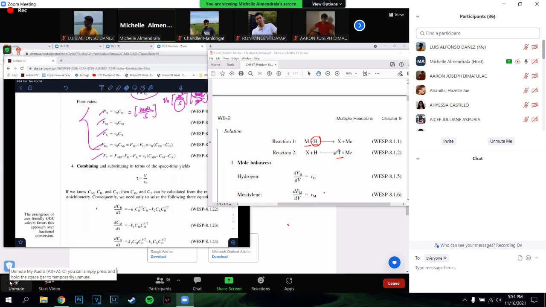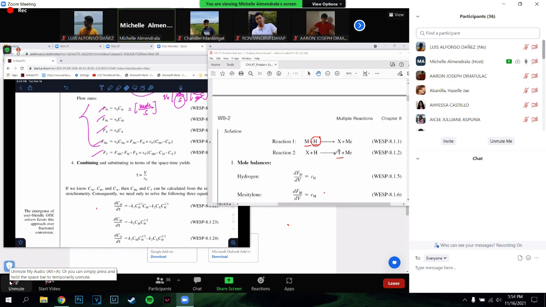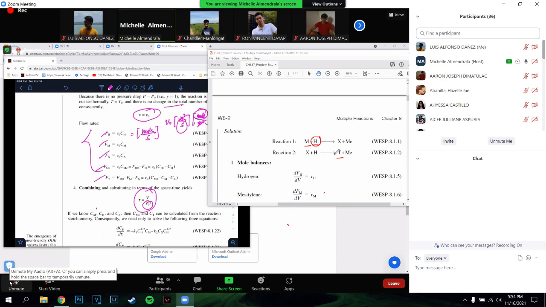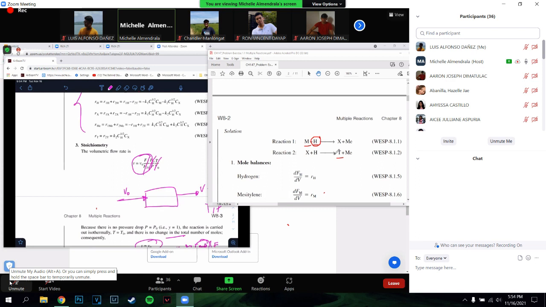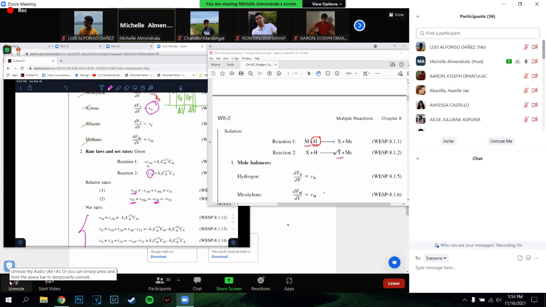So you try combining and substituting in terms of, if we know CM, CH. So get an expression for d tau, and the V sub O expressed in terms of K1, K2, CH, the flow rates, which is this.